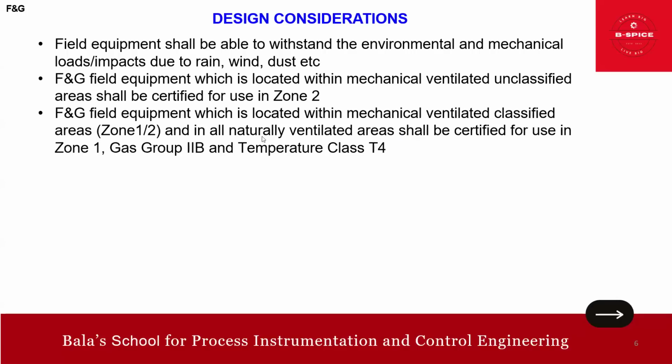If it is located in a mechanically ventilated classified area, zone 1 and 2, or in naturally ventilated areas, it shall be certified for use in zone 1, gas group IIB and temperature class T4. These are some of the aspects we should take care of. And of course, for the battery room, gas group IIC is required. So that's all I have about this fire and gas detection and protection system, friends.